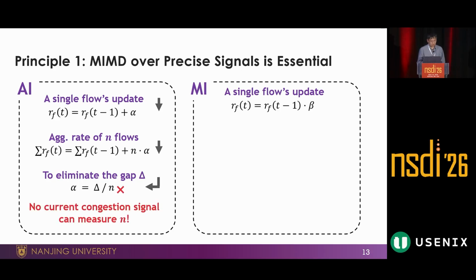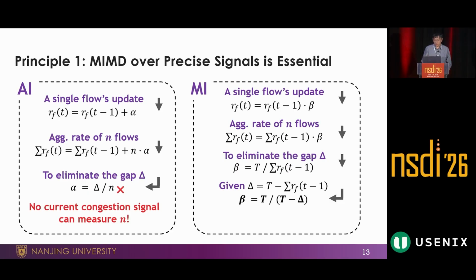But no one knows what n is. N is the number of congested flows in the bottleneck, and no one knows it. So basically, it's not achievable. But if we use multiplicative increase, it's a multiplication factor. The aggregate rate of n flows is like this, where T means the bottleneck throughput.